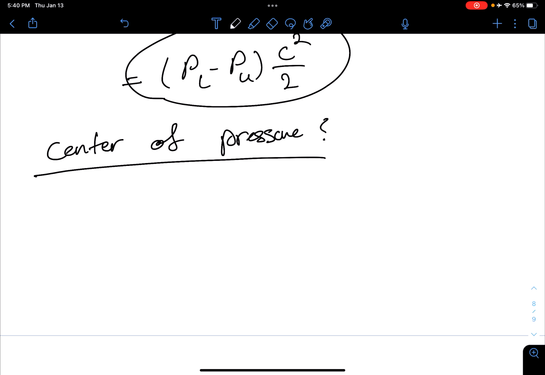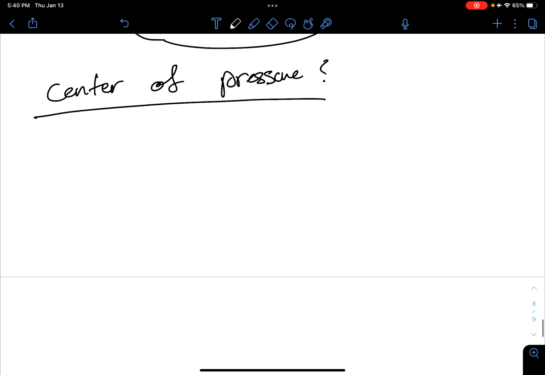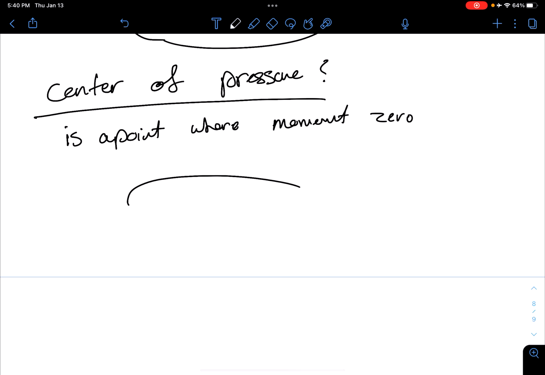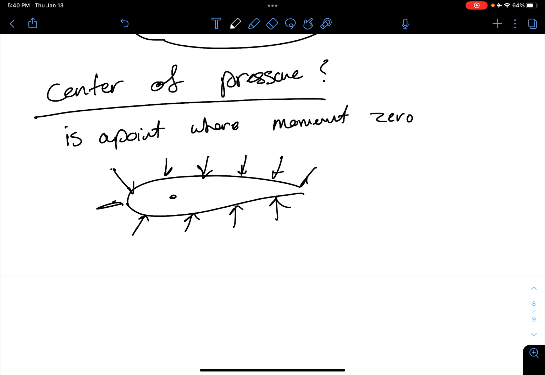The point where the moment is 0. Exactly. Center of pressure is a point where moment is 0. What does this mean? This essentially means that we said we had these distributions of pressure and shear here. When you combine these together, you can find a specific point at which all of the moments created by this pressure and shear forces cancel each other.